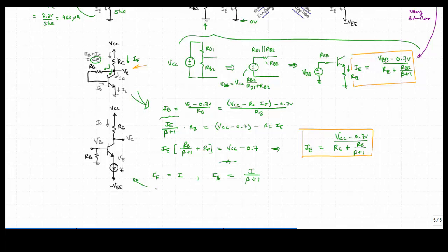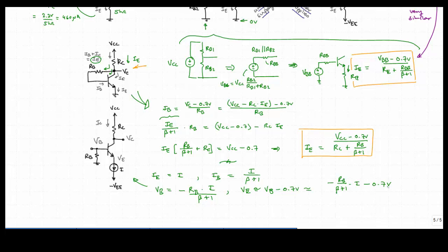And we can say that VB, the base voltage, is going to be equal to minus RB times I over beta plus 1. And we can say that VE is going to be equal to VB minus 0.7 volts. So this will be minus RB over beta plus 1 times I minus 0.7 volts.